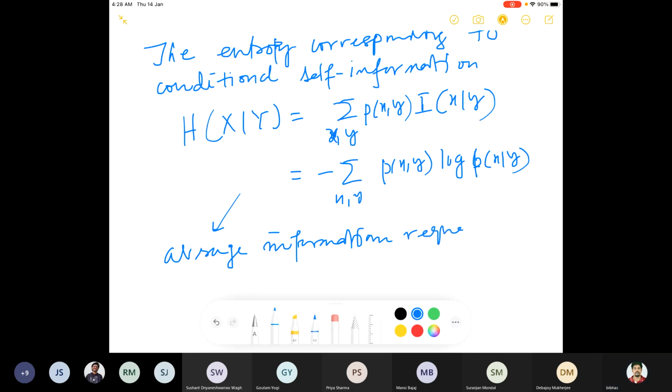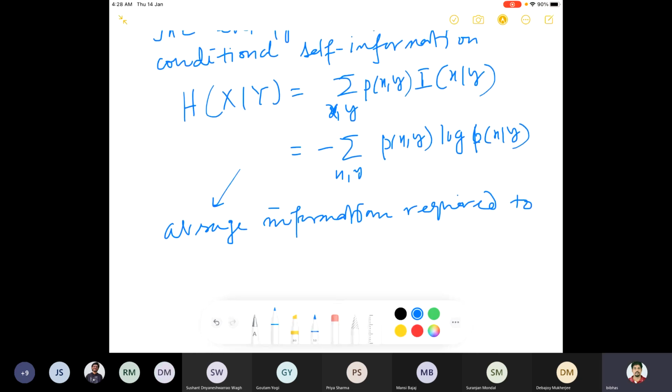It is the average information required to know or specify X, or any small x in fact, when Y is known, because this is the average value.